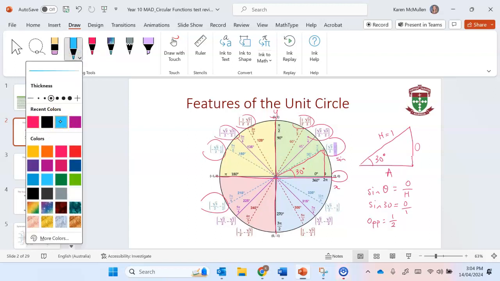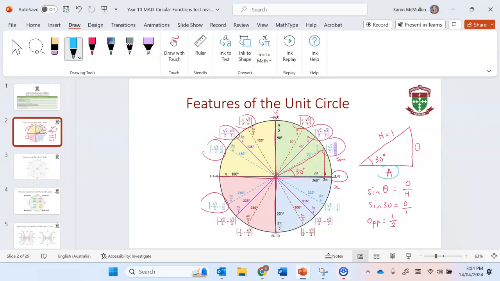On the other side, if we were to find the adjacent side, we use cos theta equals adjacent over hypotenuse, which is 1. So your adjacent side is equal to cos 30, which is root 3 on 2. So for your coordinates x, y as we go around the unit circle, the x gives you your cos value and the y gives you your sine value.